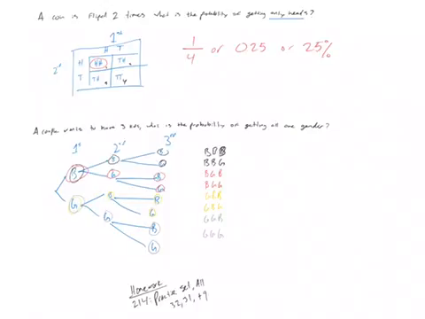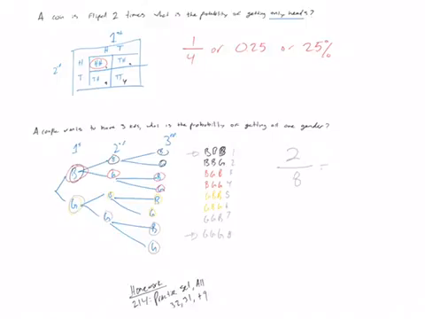Okay? So what's the probability of getting only one gender? Notice this one here has only boys, and this one here has only girls. So those are the only 2. So I have 2 possibilities of getting all one gender, and then I have 1, 2, 3, 4, 5, 6, 7, 8 different possibilities.